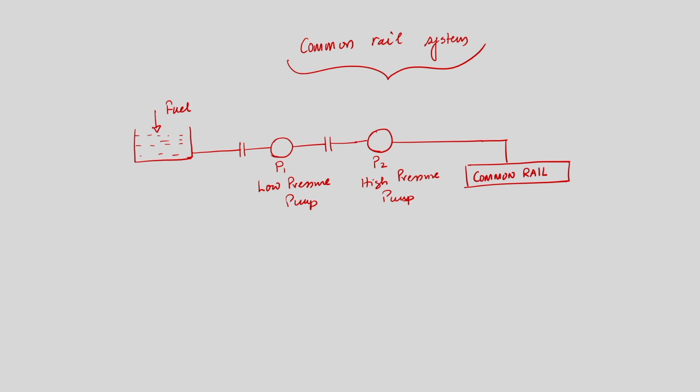It is a kind of header where the high pressure fuel is stored, and from this common rail fuel is taken to the metering elements. There are different metering elements, and from each metering element fuel goes to the cylinders.